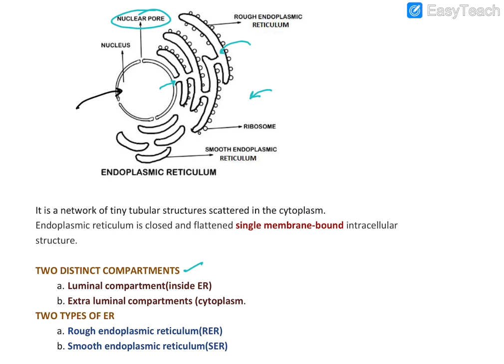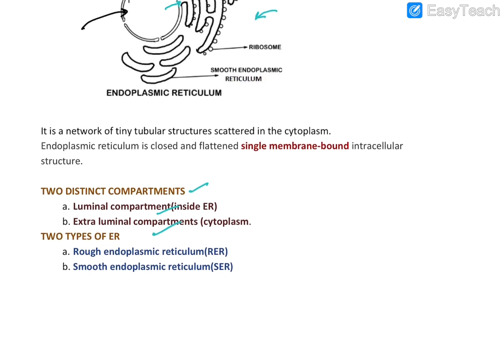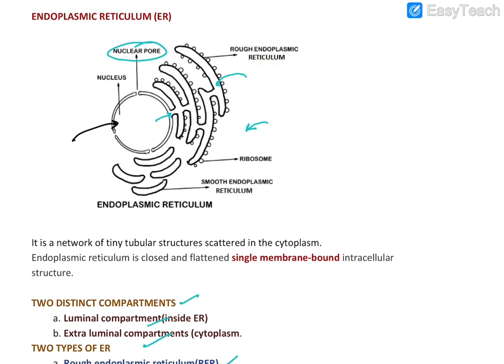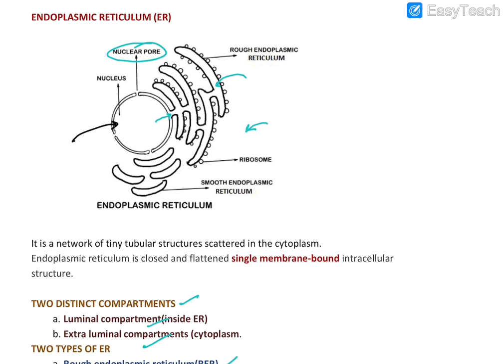The compartment present inside is the luminal compartment. The cytoplasm outside represents the extraluminal compartment. And also we'll take the types of endoplasmic reticulum. One is the rough endoplasmic reticulum, the other is the smooth endoplasmic reticulum. Rough endoplasmic reticulum is associated with the ribosome. These spherical structures represent the ribosome.